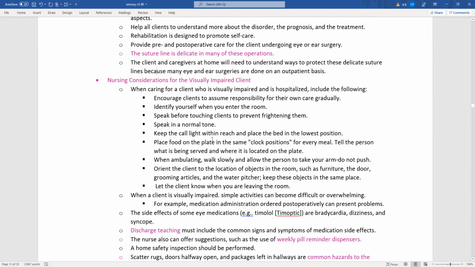Keep the call light within reach and place the bed in the lowest position. Place food on the plate in a clock position for every meal. Tell the person what is being served and where it is located. So let's say this is the clock, right?